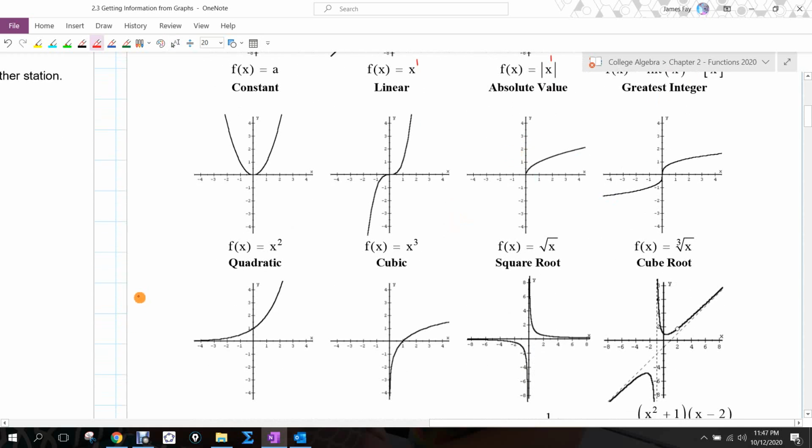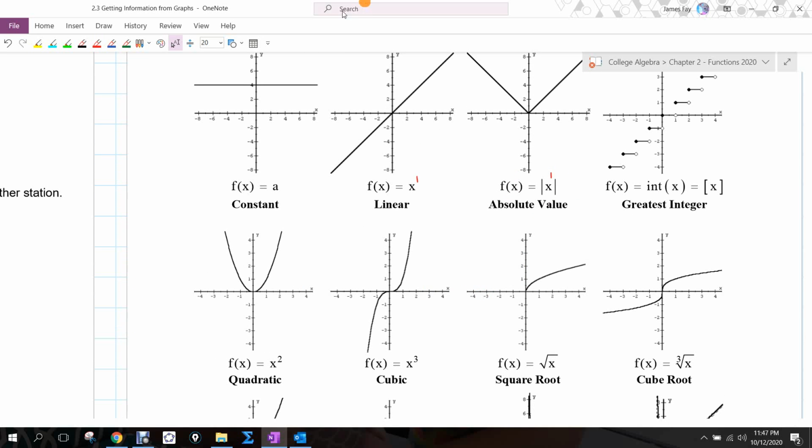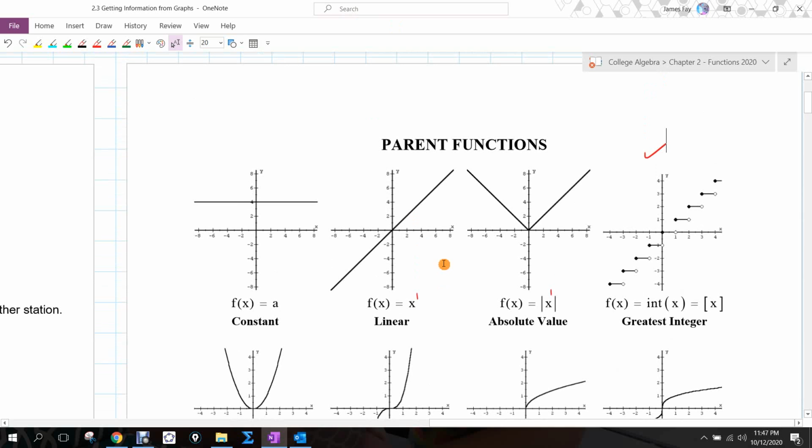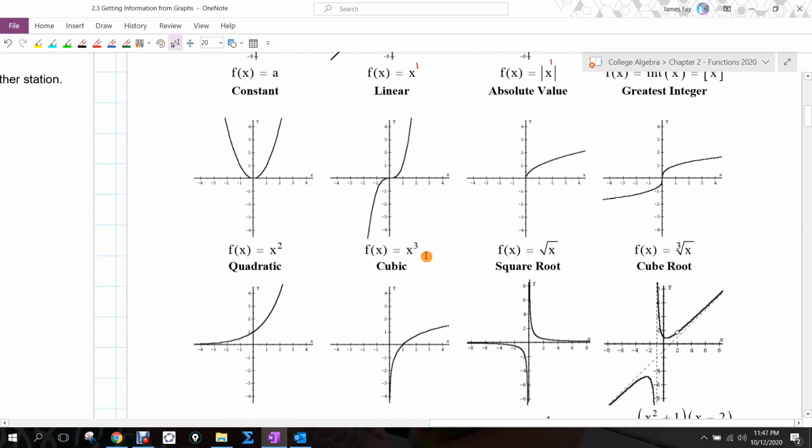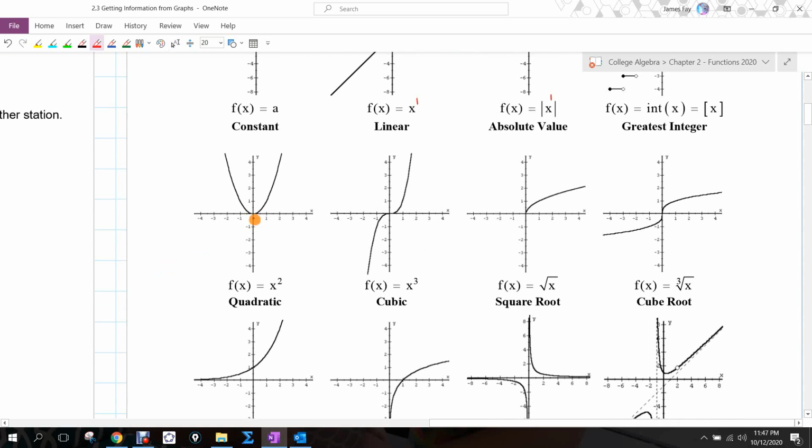Quadratics, and the reason I'm talking about this, guys, is we should know some key values off of parent functions, because if I understand key values or ordered pairs off parent functions, like 0, 0 on this one, 1, 1, 2, 4, negative 1, 1, negative 2, 4, and if I can commit those to memory, it's going to make my life inside this course a lot easier. The quadratic, we have some key points there: 0, 0.